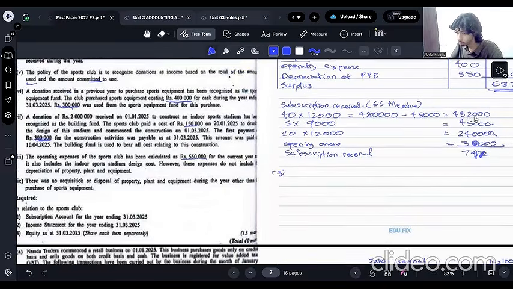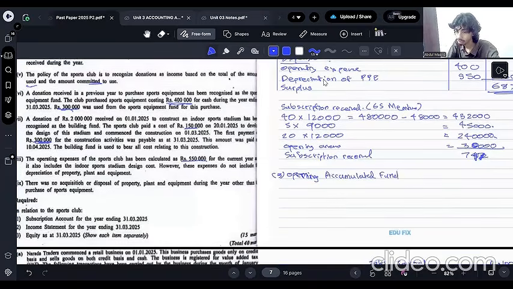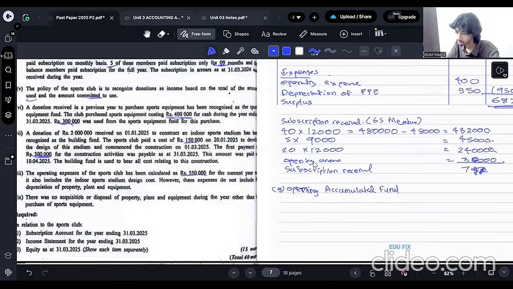So firstly record opening accumulated fund. Opening accumulated fund is 900. For that you have to add the surplus.